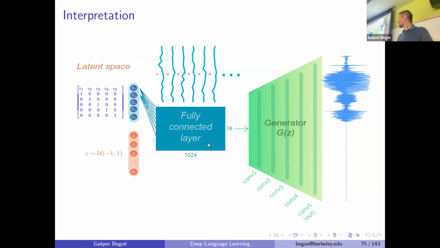This constitutes the so-called fully connected layer, which then gets passed on to convolutional layers, which have the filters. This part of the network is not fully connected anymore. It's convolutional filters, because if it were fully connected, that would be extremely computationally complex.